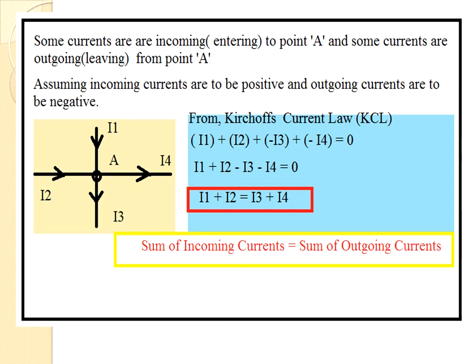Then you separate one side incoming, one side outgoing. Therefore, we write I1 plus I2 equal to I3 plus I4. Hence, the sum of incoming currents I1 plus I2 is equal to the sum of outgoing currents, that is I3 plus I4. Then this explanation can give 2 marks. Statement 2 marks.